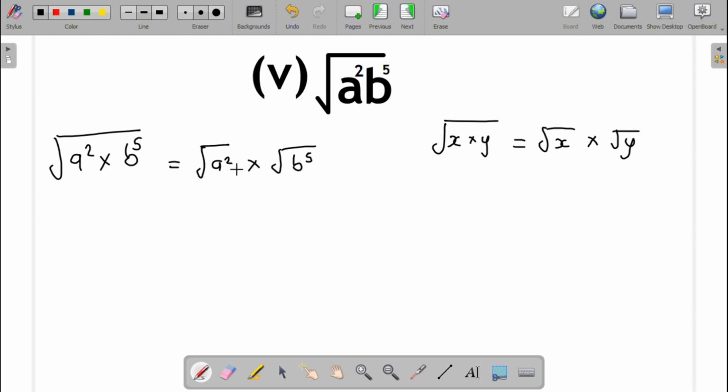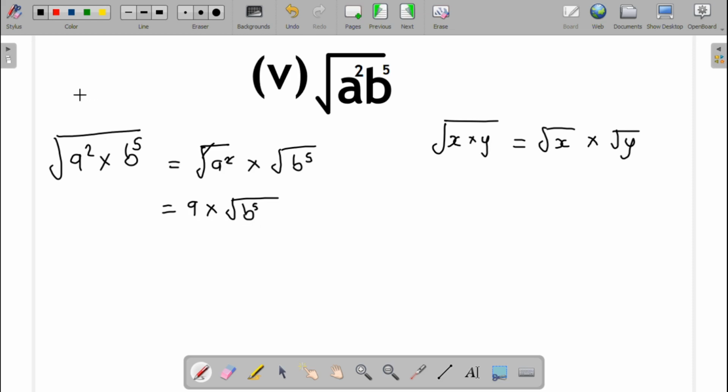Now square cancels square root, you'll be left with a times root b raised to power 5. Now looking at it, this b raised to power 5 can also be simplified further, right? Now to simplify it further, we're going to look for a perfect square number that will be multiplied by another factor that will give us b raised to power 5.